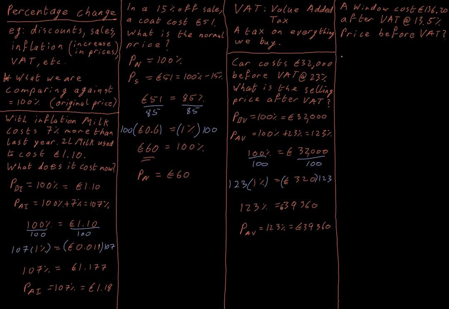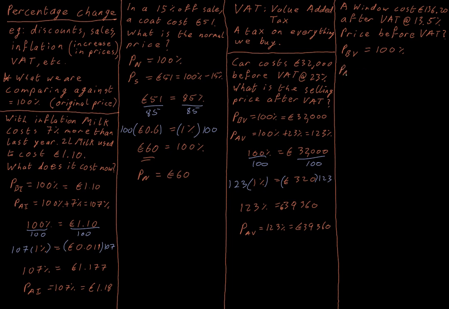So that means the price before VAT is going to be our 100%. That's what we're comparing against. That's what this 13.5% has been added on to. So it's the 13.5% modified our original situation, so it's going to be 100%. And that's what we want to know. What's our price before VAT, our 100%?